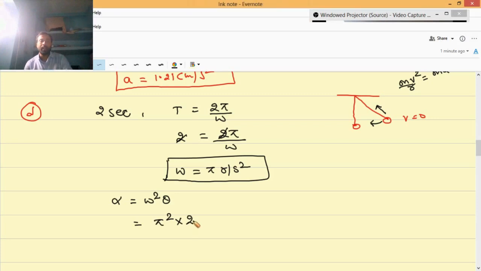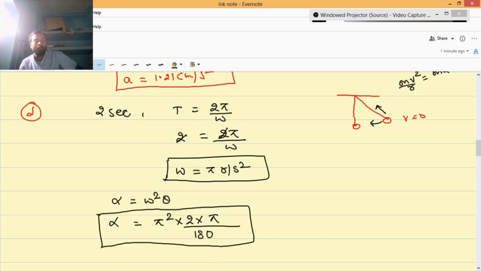And now see, this theta here is in terms of degree, but we have to evaluate this in terms of radian. So what we will be doing is multiplying by pi upon 180. So alpha value, meaning angular acceleration, will be like this.